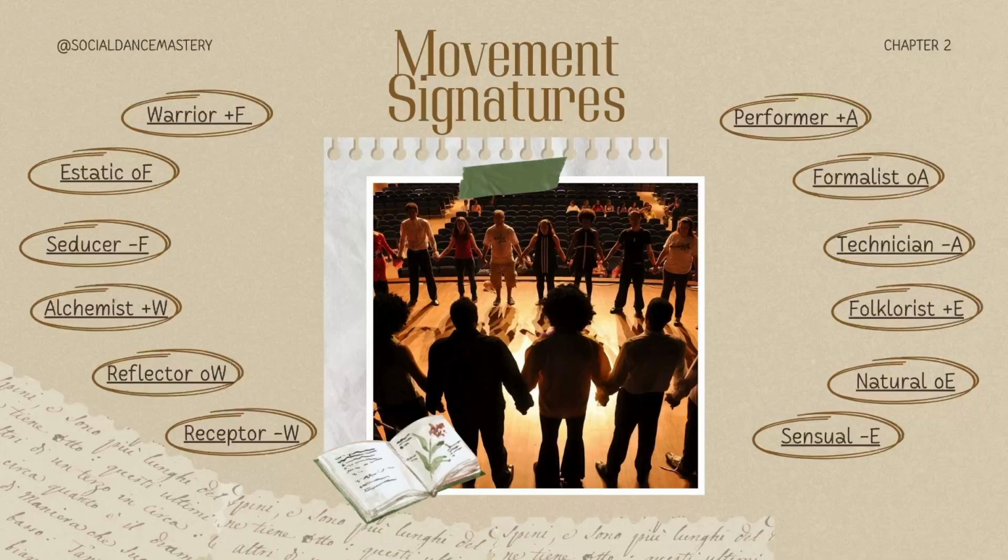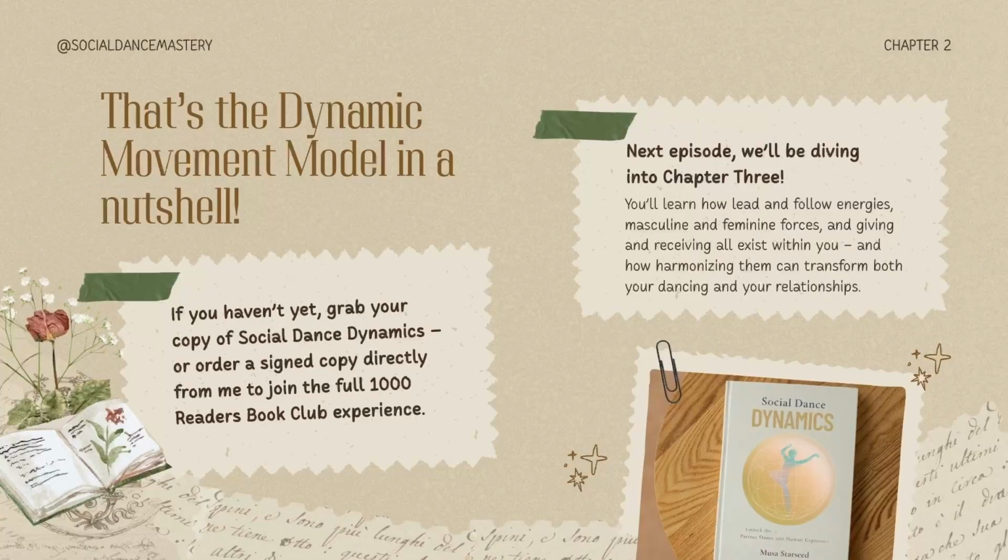So, as you can see, the dynamic movement model weaves together 4 key aspects: polarity, elements, movement charges, and movement signatures. Together, they form a complete and integrated system for self-awareness through dance and movement.